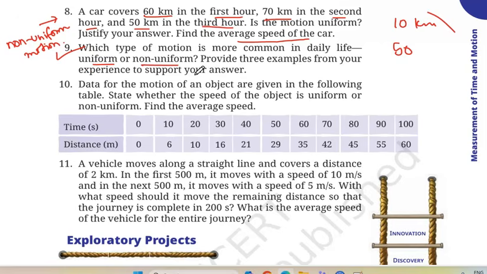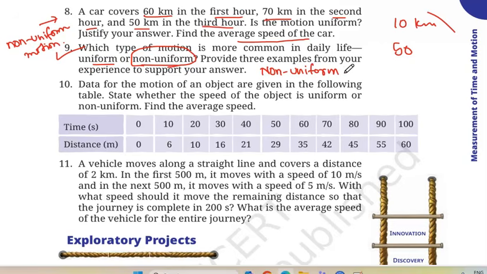In our daily life, most motions are non-uniform in nature, because objects do not move at the same speed all the time. Their speed changes due to factors like traffic, rough roads, uneven roads, and other obstacles. So the motion which we observe in our daily life is non-uniform in nature. The answer will be non-uniform motion.